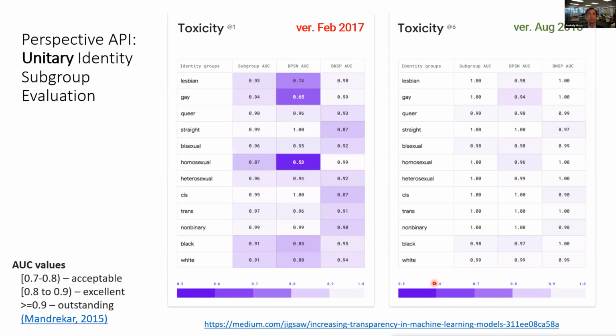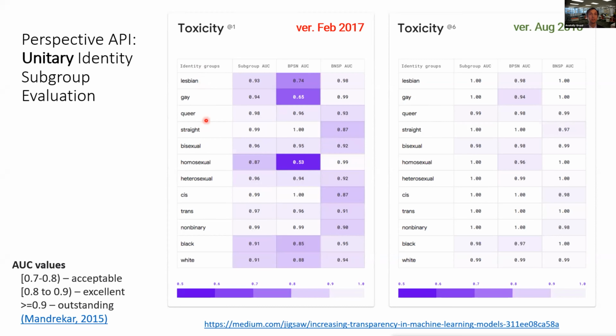So this is what Perspective API calls a report card. They identify certain keywords here that belong to different identity groups based on religion, race, ethnicity, sexual orientation, and so on.